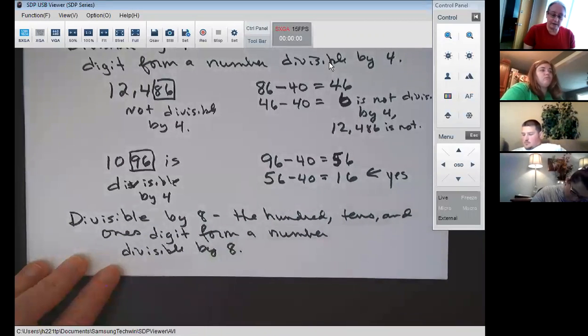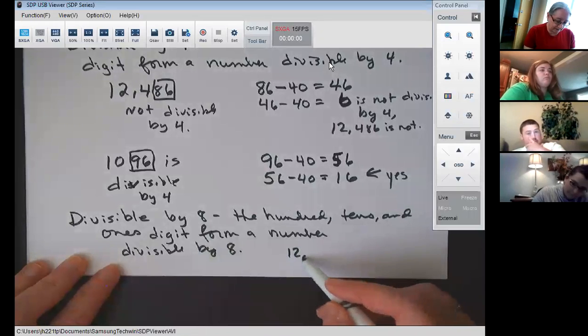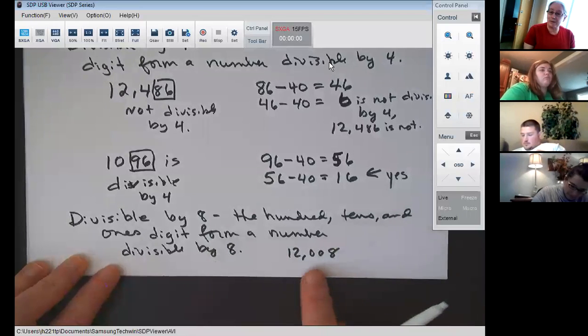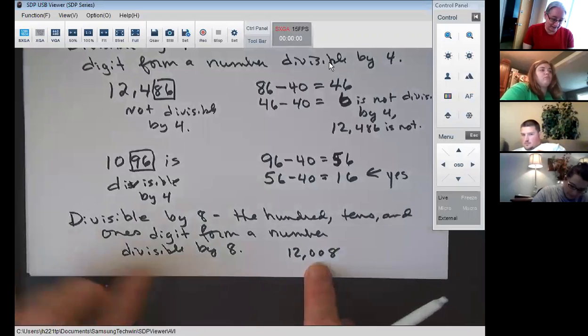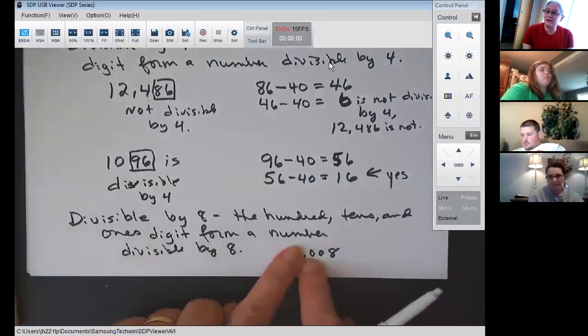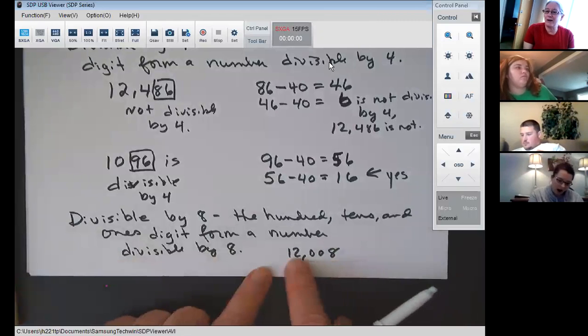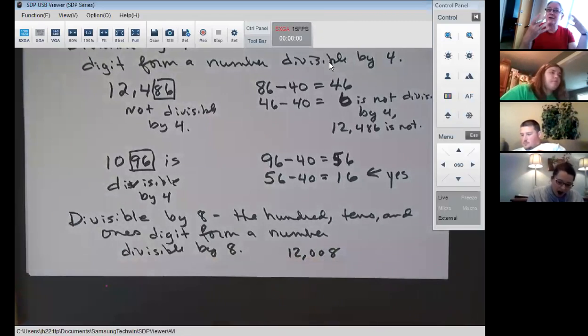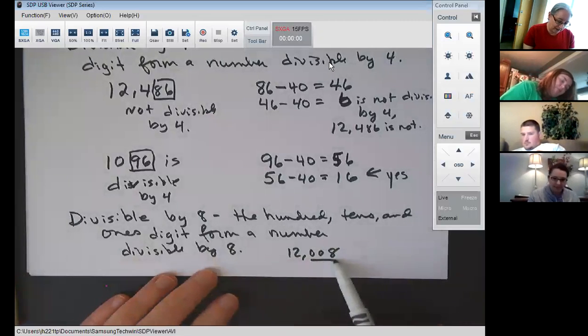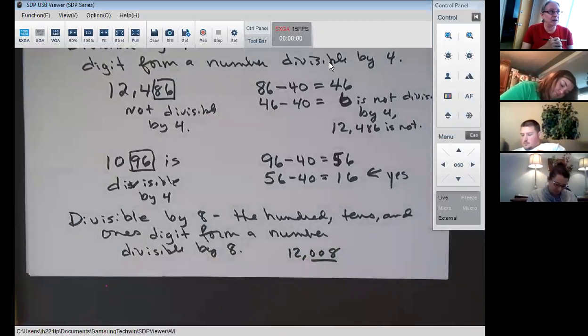So for example, if you had something like 12,008, that would be really easy to tell, because if you take the hundreds, tens, and the ones digit, you get an 8, and 8's divisible by 8, so that would work. But if I had something like 12,948, that's a little harder for me to figure out. So it's useful if you've got an easy last 3 digits to look at to tell if it's divisible by 8 or not. Okay, so those are the tests for 2 and 4 and 8.